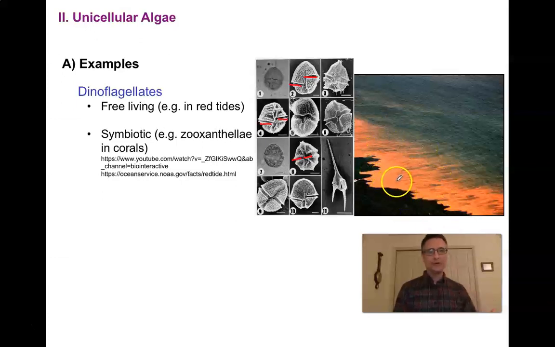Remember that they're evolved from a red alga, so we sort of get a red coloring over here. And if they become, again, too abundant, they can actually produce a toxin. They can infect a variety of organisms that are harvested for seafood, clams, mussels, etc., and actually do a whole lot of economic damage to fisheries. So that's one example of dinoflagellates.